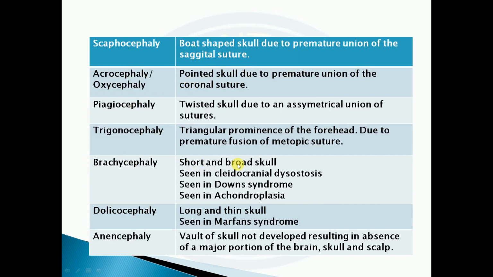Brachycephaly is a short and broad skull seen in cleidocranial dysostosis, Down syndrome and achondroplasia.